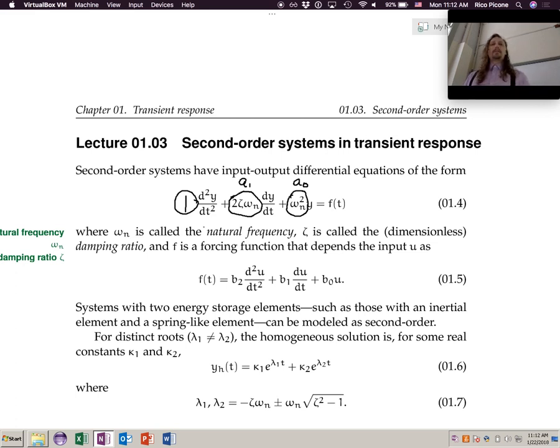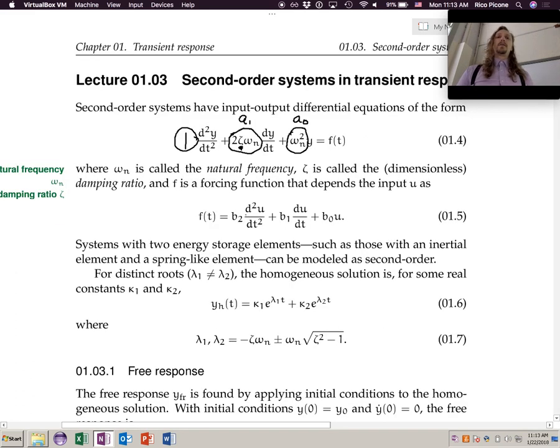And then zeta is the other parameter that came in. Zeta is called the damping ratio. This is something we're going to explore in greater depth, but depending on what this damping ratio is, it really affects how oscillatory the system is.